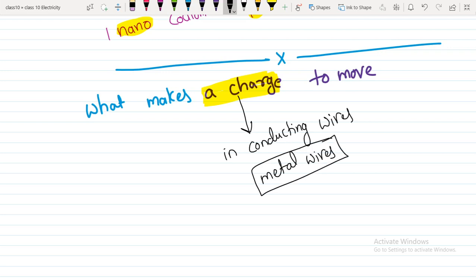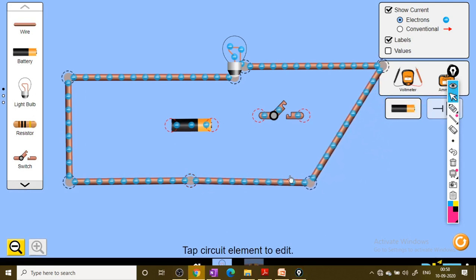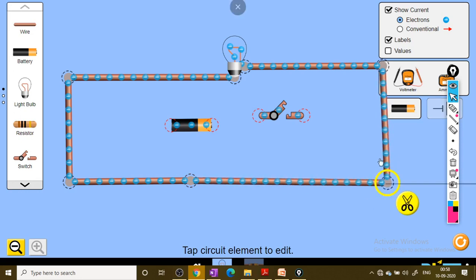So let's try to understand how a charge moves. Suppose this is the connected circuit. I connected a bulb with wires, and here a small gap is there. What can you guess? If I connect these wires like this, what is the reason the bulb is not burning?